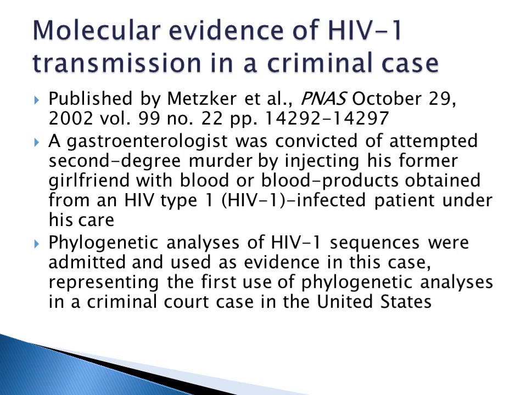A gastroenterologist was convicted of attempted second-degree murder by injecting his former girlfriend with blood or blood products obtained from an HIV type 1 infected patient under his care. Phylogenetic analyses of the HIV-1 sequences were admitted and used as evidence in this case, representing the first use of phylogenetic analyses in a criminal court case in the United States.